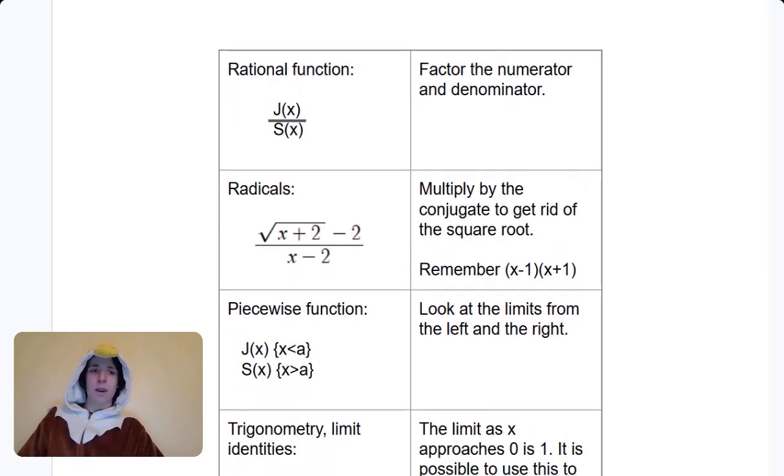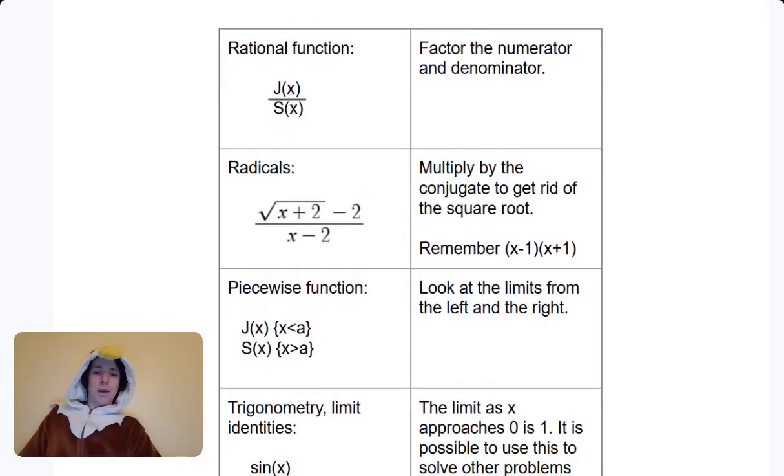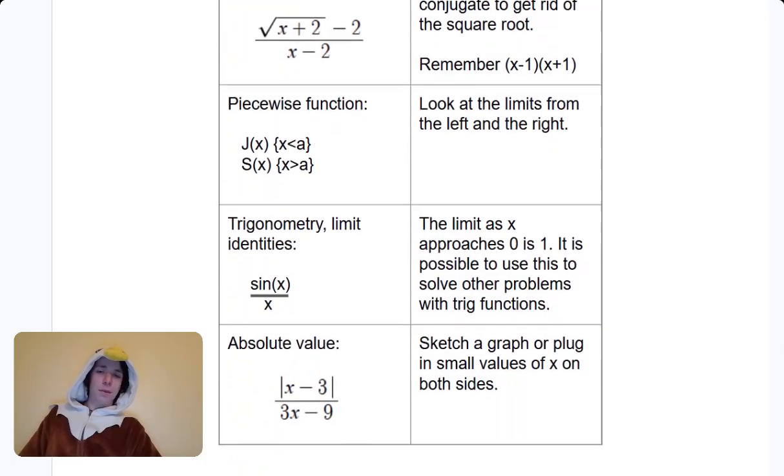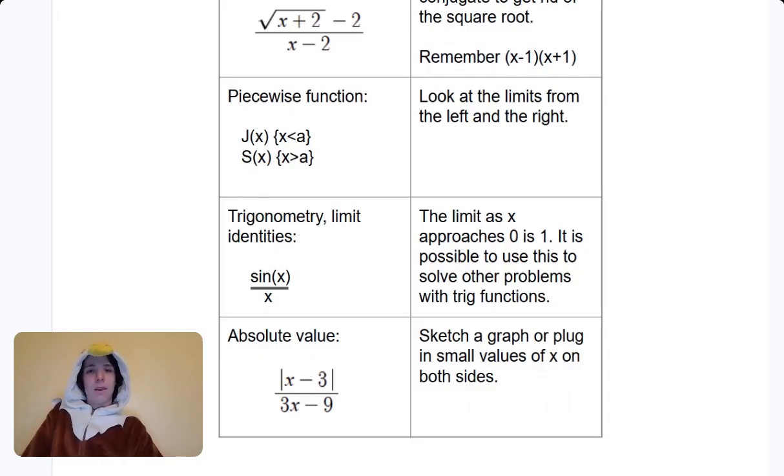A piecewise function is going to be something like Jackie coming in from the left and Shadow coming in from the right, and look at the limits from left and right. If they match, then that's your limit. If they don't match, the limit doesn't exist.